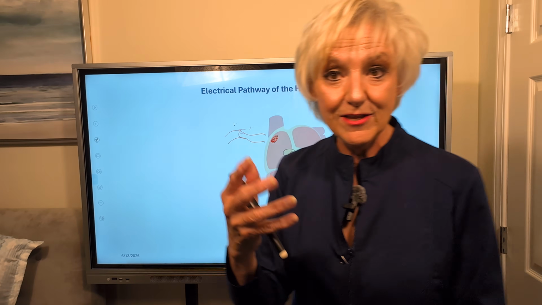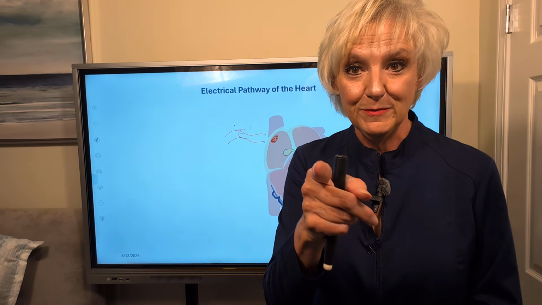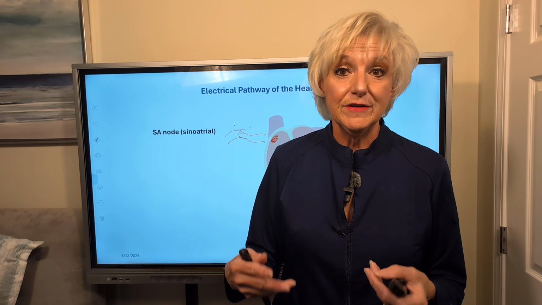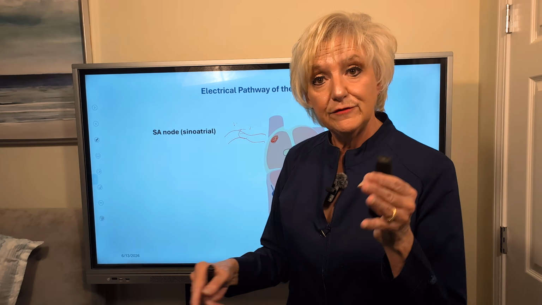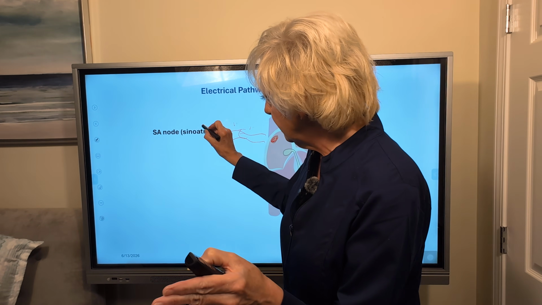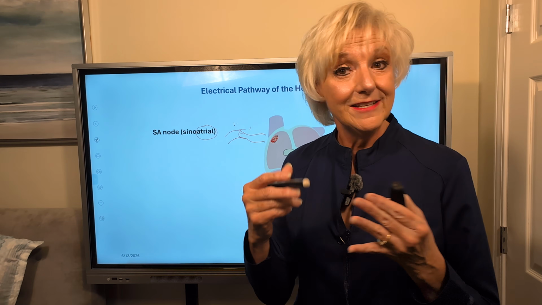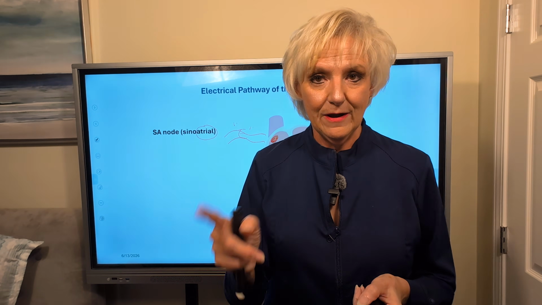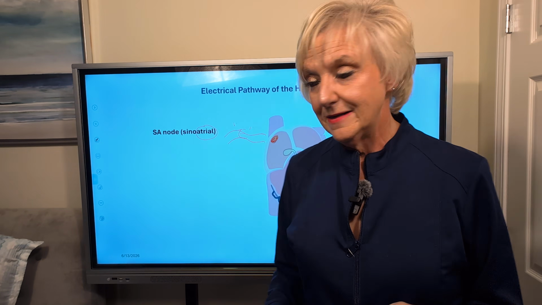It's going to take those electrolytes out of the bloodstream and turn them into electricity. That's called the sinoatrial node, SA node, and if you look at it, you'll see the word atrial, and that tells you that it's in the atrium. Or you could also call it the sinus node, and I want you to remember that here in a minute.